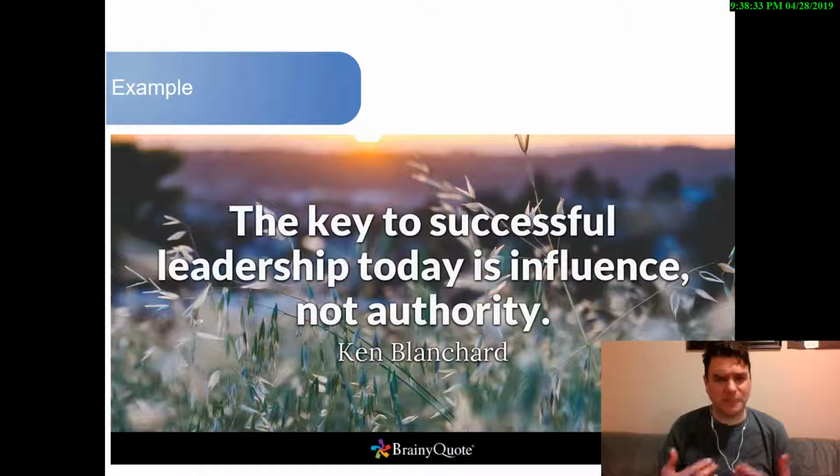As far as getting a discussion going, if it's a leadership course or a management course, I could put up a quote like this by Ken Blanchard: the key to successful leadership is influence, not authority, right? And then perhaps have a debate around this, where I separate the class into two groups, where one group believes this is correct, and the other side is that as a leader you need to be an authority, right?